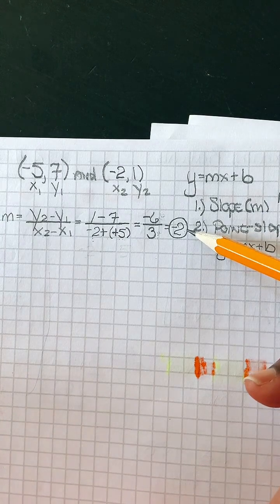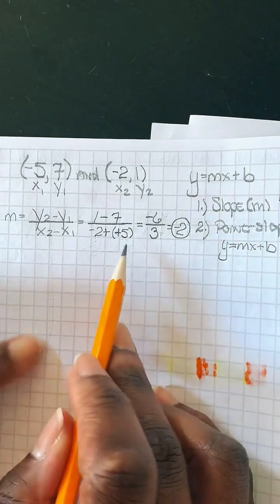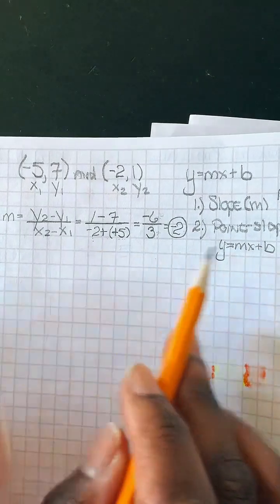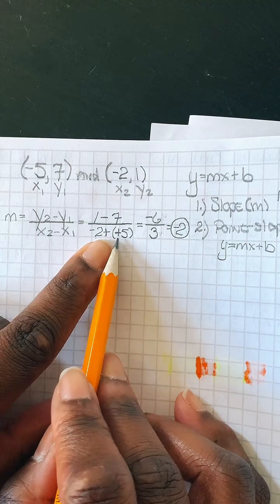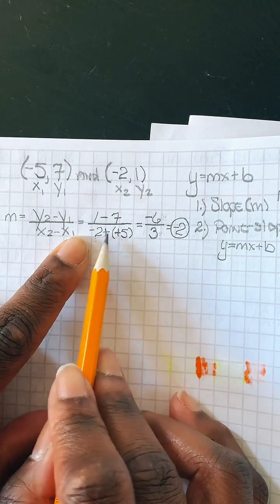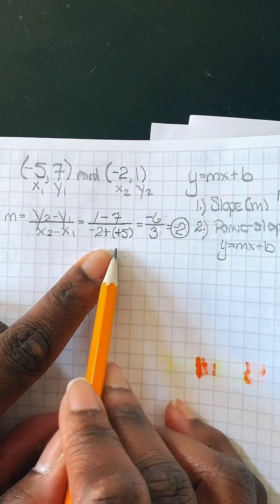Now we can plug in the m. How did it turn to adding a positive 5? If we think, this is only in math, not in real life, when you're doing multiplication, a negative times a negative always turns positive.